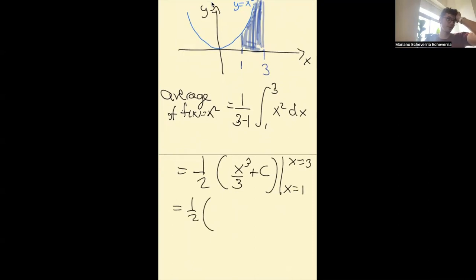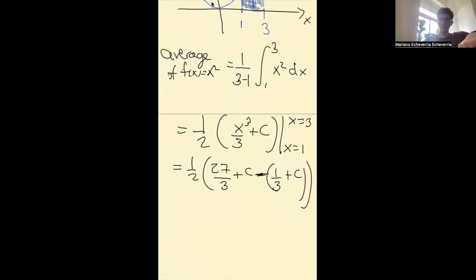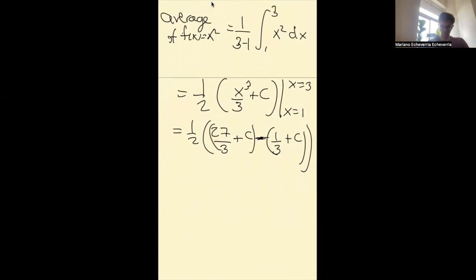So what's the antiderivative? x cubed over 3, plus c. Evaluated at 3 minus at 1. Sorry. Here I'm evaluating at x equals 3, this is what I get at x equals 3, and this is what I get at x equals 1.